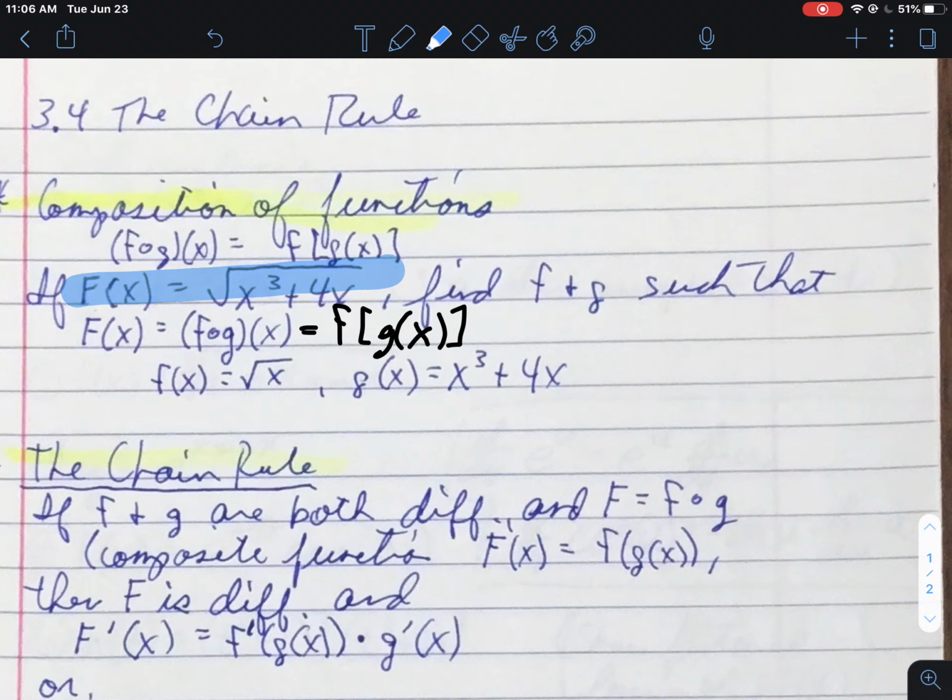So in other words, I look at that square root as the outer function, and then the radicand x cubed plus 4x as our inner function. I called the outer function f and the inner function g, that's purely arbitrary.